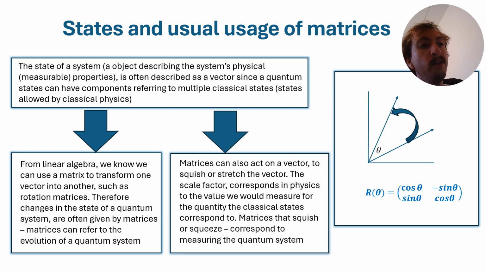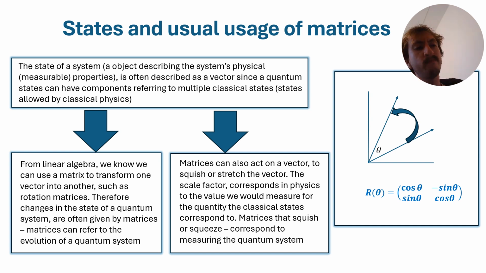Now, another use of matrices in quantum mechanics refers to the idea that not only can matrices cause vectors to, say, rotate, they can also squish or stretch a vector. So they don't actually change the orientation of the vector in this case, they just make the vector bigger or smaller.